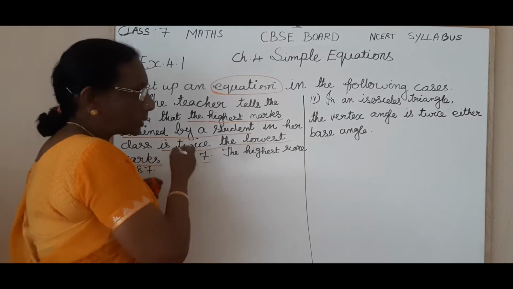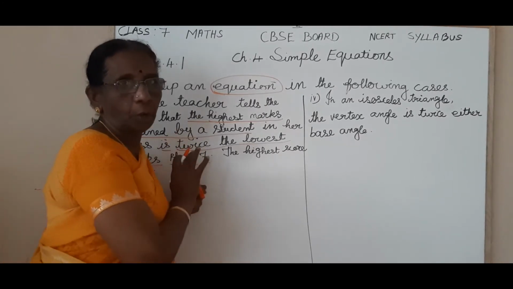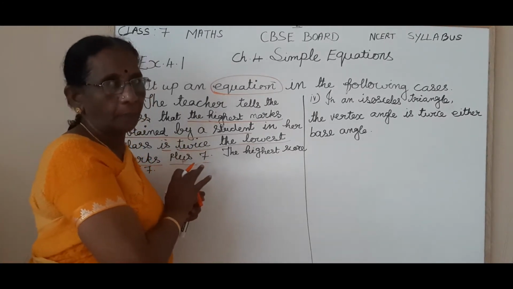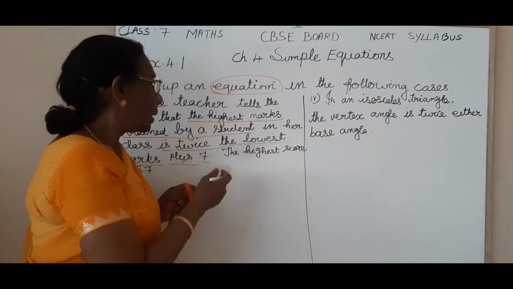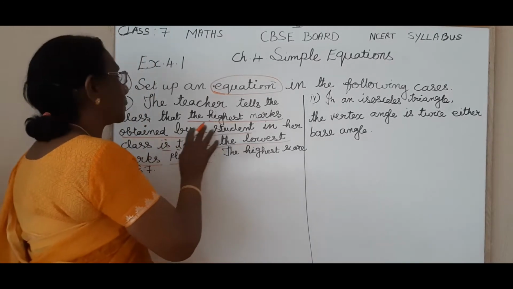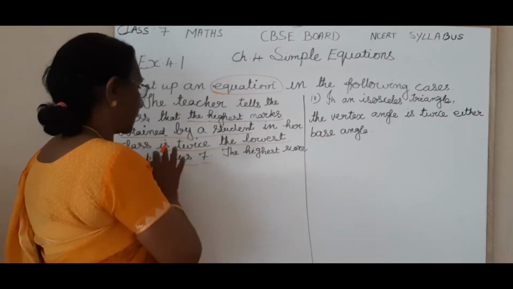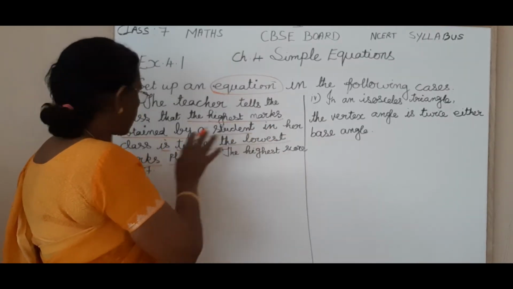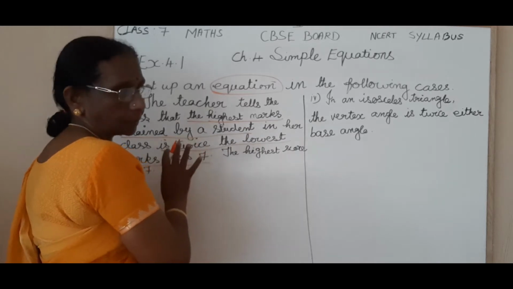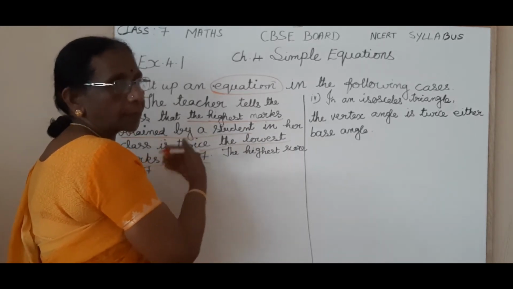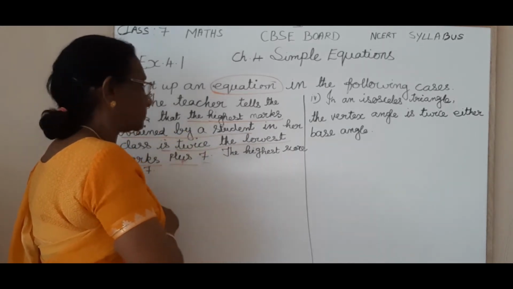Now, this gives some information about the algebraic expression. How do you know? Because it is given that the highest mark obtained by a student in the class is twice the lowest marks plus 7. So it is representing an algebraic expression.